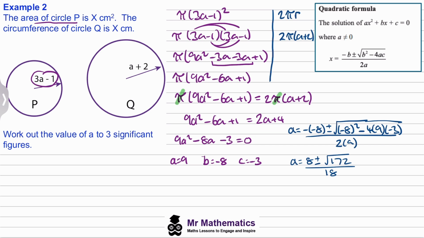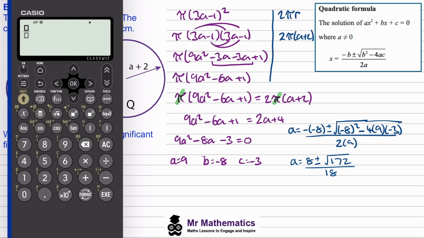So when we put this into our calculators, 8 plus the square root of 172 over 18, we get 1.17 to 3 significant figures.